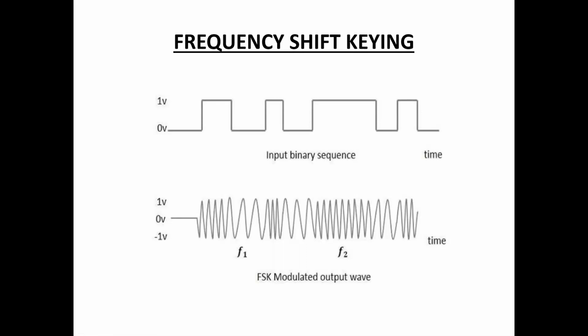The output of the FSK modulated wave is high in frequency for binary high input, that is 1, and low in frequency for binary low input, that is 0. If the input is 0, low frequency. If the input is 1, high frequency.